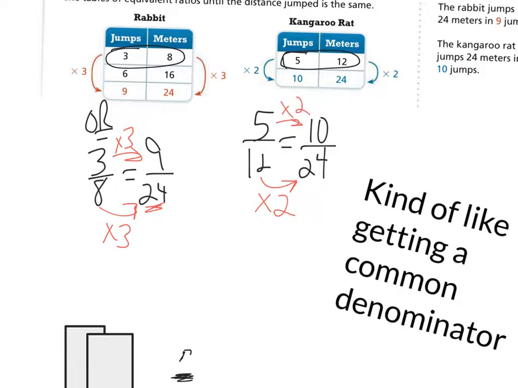So multiplied by 2, you could see 10 jumps, it went 24 meters. So pretty close here. Just the difference over a 24 meter period, it only took the kangaroo rat one more jump than the rabbit. So, one less jump for the rabbit, but pretty close there.